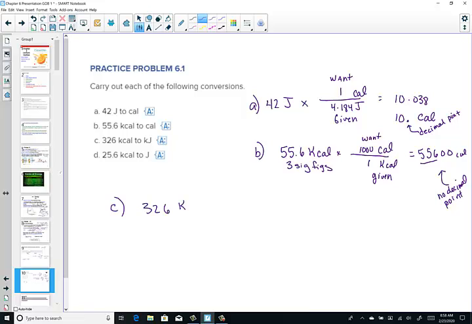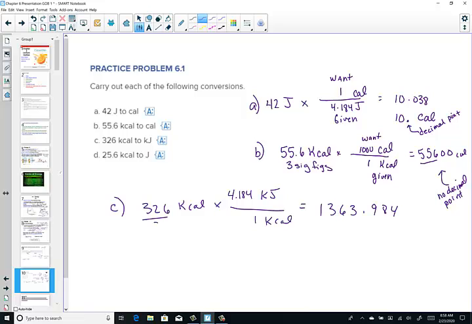326 kcals to kilojoules. So here I want my kilojoules and I need to cancel the kcals. 4.184 is our conversion between the land of kilocalories to kilojoules. So 326 times 4.184, and we get a value that says 1363.984.